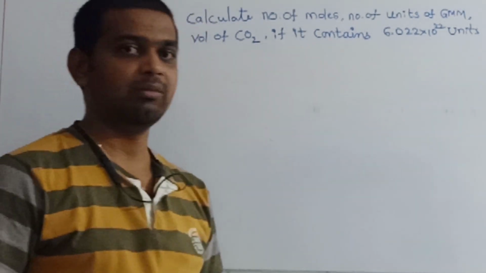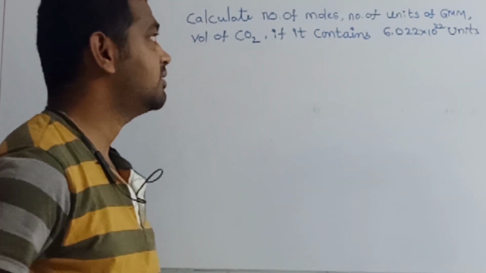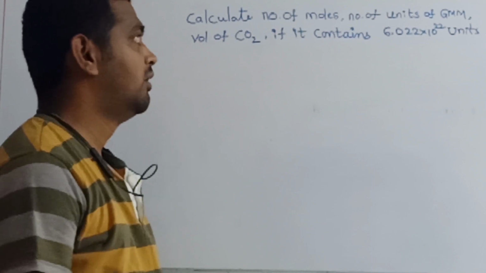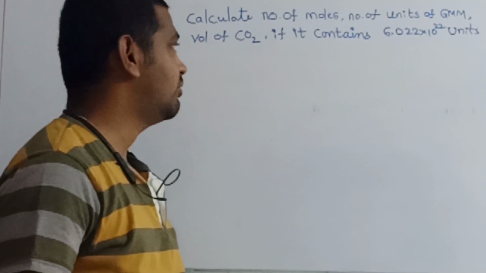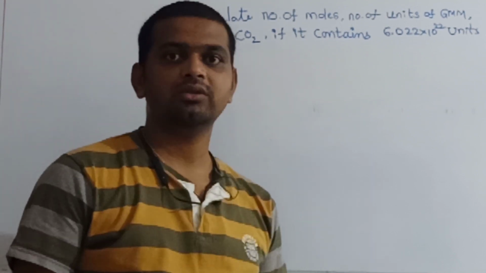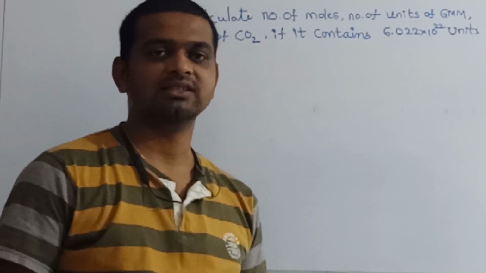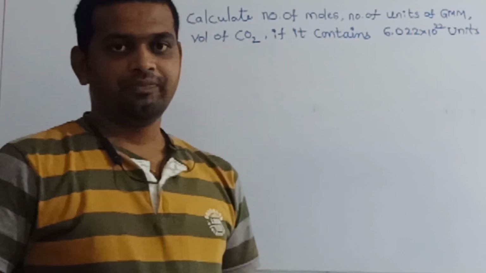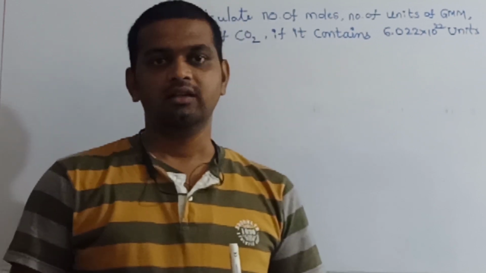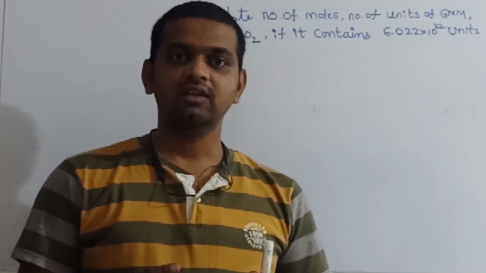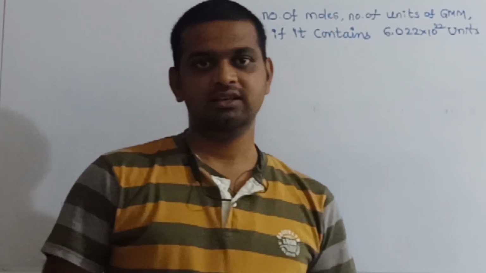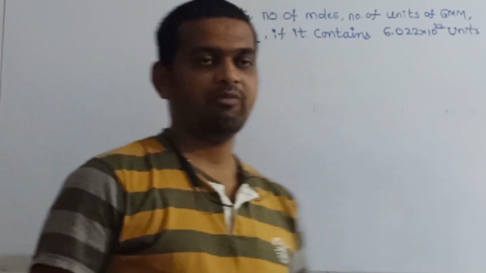Yes, another problem. Calculate the number of moles, number of units of GMM, and volume of CO2 if it contains 6.022 into 10 to the power of 22 particles. First, 1 mole of any substance consists of Avogadro number of particles. That is the thumb rule to solve this kind of problem.